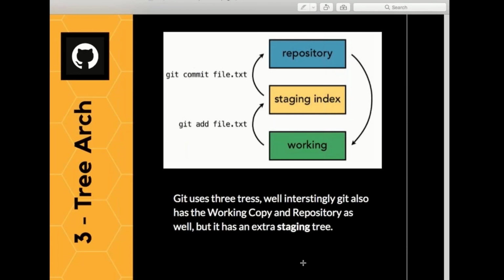Git uses three trees. One is the working copy and there is an extra area called the staging area. I'll talk about what the staging area is and where you can use it.